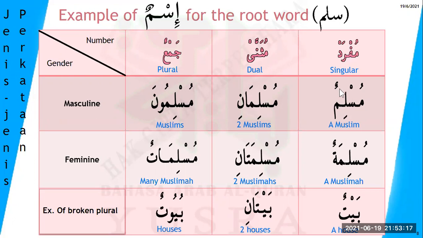To make it dual, you just add an alif nun at the back, Muslimani. And plural, waw nun, Muslimuna. So words that always end with a waw at the back, whether waw alif or waw nun, the waw is there, it will mean plural form.